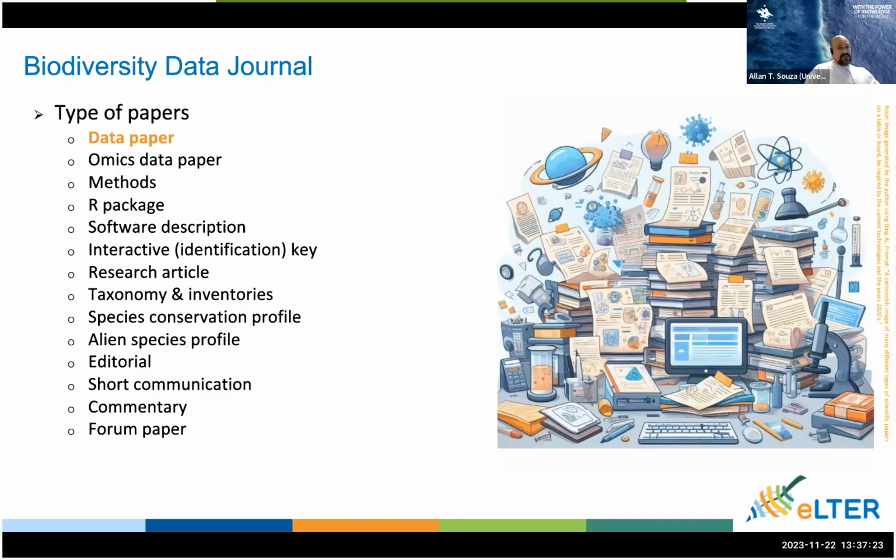There are normal research articles that are not focused on data itself, but maybe related to data issues, without actually presenting the data set or providing a new data set. There are also taxonomy and inventory papers, species conservation profiles, alien species profiles, editorials, short communications, commentaries, and forum papers. So you see, there are really a lot of different research outputs from this single data journal.